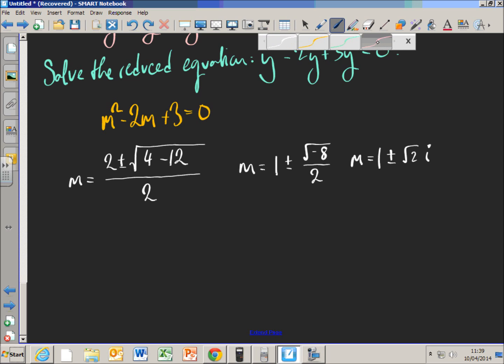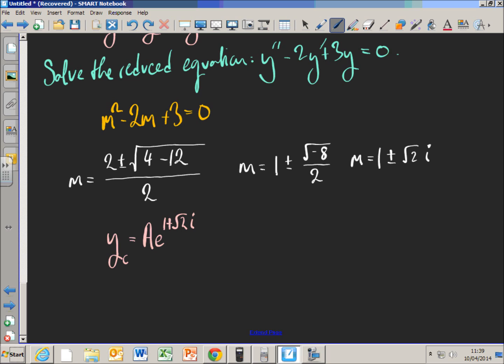But I would now write down that my complementary function is A e to the 1 plus root 2i x, yeah, very good, plus B e to the 1 minus root 2i x.